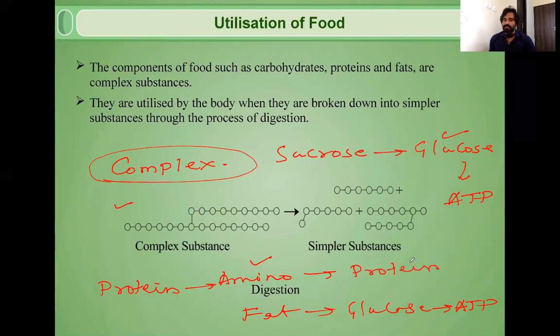This is the funny thing. The body actually digests the protein into amino acids, and then it uses those amino acids to create protein. Okay? So this is how the body utilizes food, right? It converts complex substances into simpler substances.